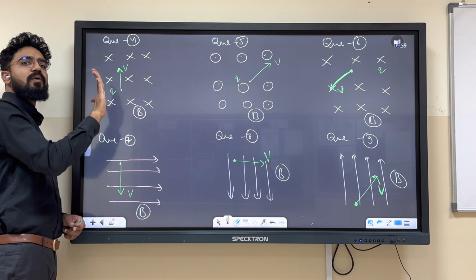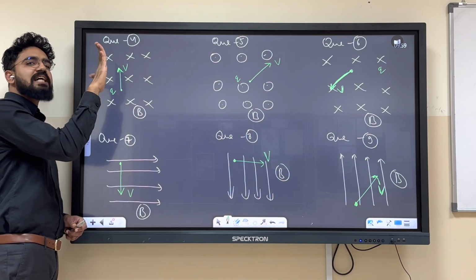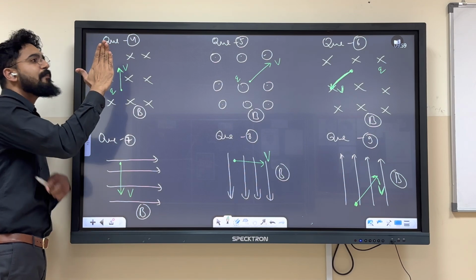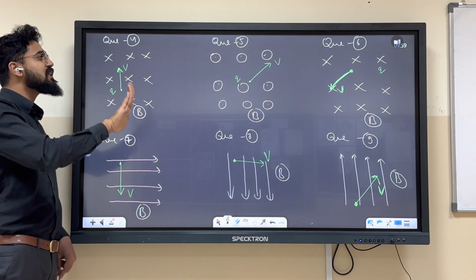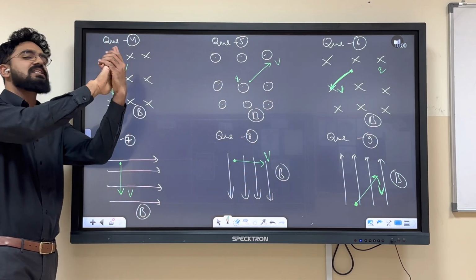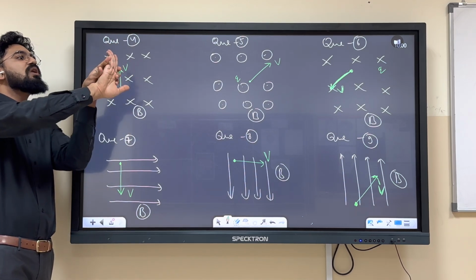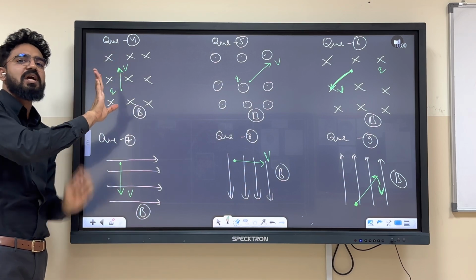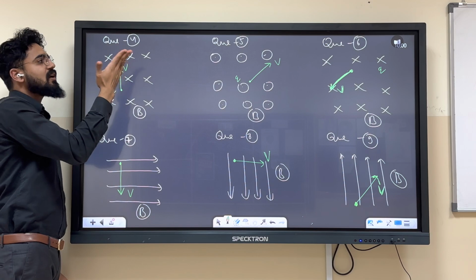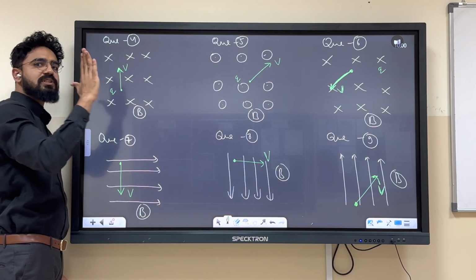But I have to move my hand such that I am able to curl the fingers towards the magnetic field. Now few of the students will say, okay sir, over here V is this. Now, can I curl the fingers in this direction? No, beta, you only have 4 fingers. You will break them. Okay? So please do not do this. You have to move your hand such that your fingers can be curled towards the direction of magnetic field.